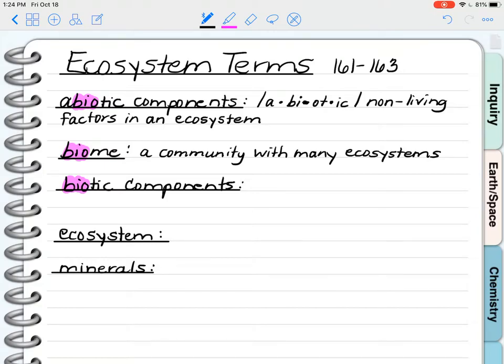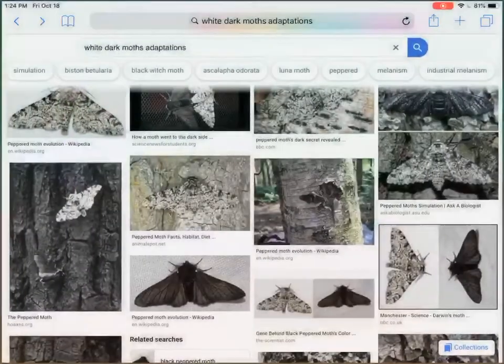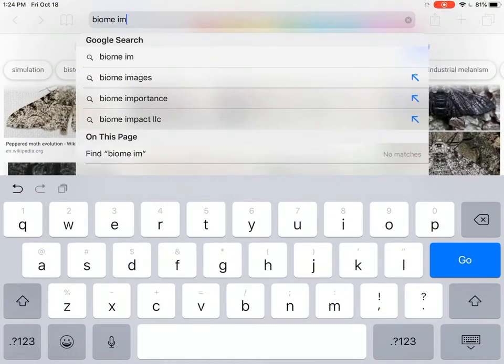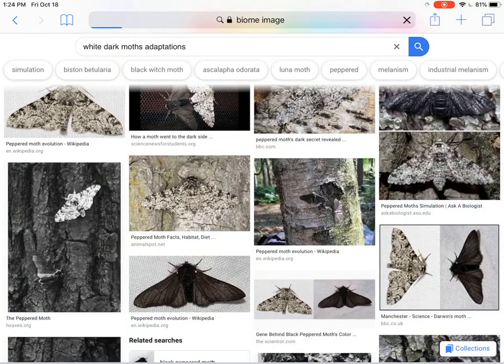You have the lake life, the water life, you have the mountain life, the forest life. You may have grasslands there also. And each of those environments is a different ecosystem. So a biome would be all of those together. Let me see if I can find you a picture of a biome just to make that a little bit clearer.